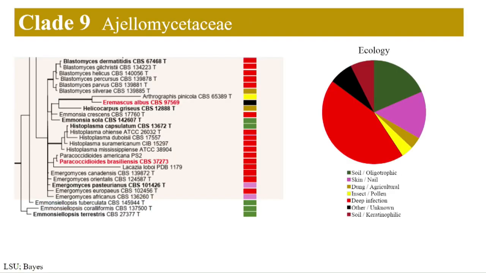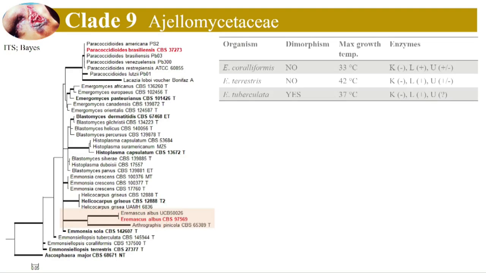But there was one strange branch, as you can see here, which was represented by Arthroderma and Eremascus albus. So based on ITS and LSU, they are in the family. But this part, Eremascus, was described as a separate family, Eremascaceae, before.